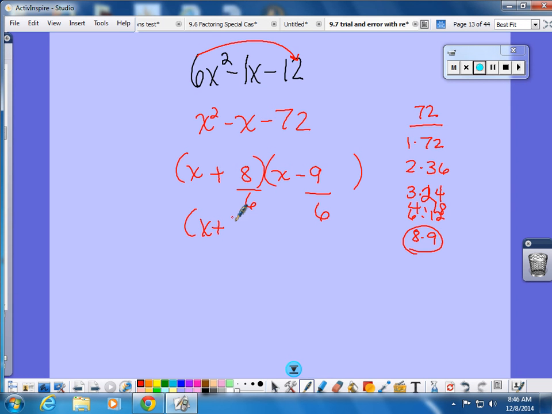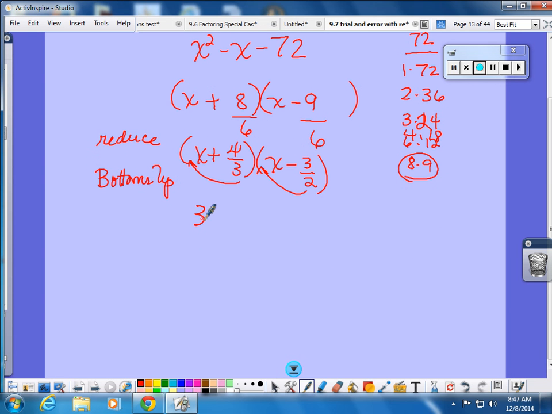Since 2 will go into both of those, and 3 will go into both of these, I want to reduce, but they didn't go all the way to an integer. So I'm going to do bottoms up here and here. So this will be 3x plus 4 and 2x minus 3.